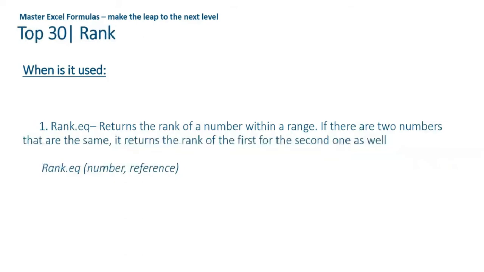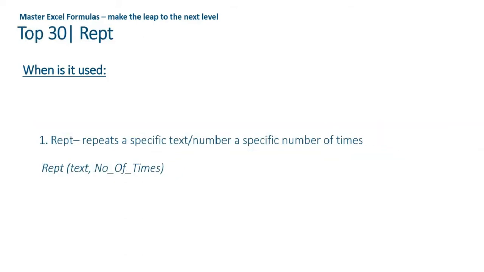Okay, now let's go to the next formula, which is the REPT formula. What the REPT formula does is it repeats a text or a number a specific number of times. The structure of the formula is you have the text or the number, and then the number of times to repeat it.